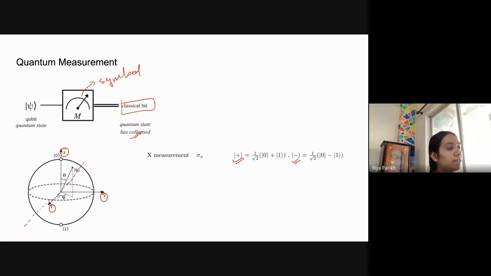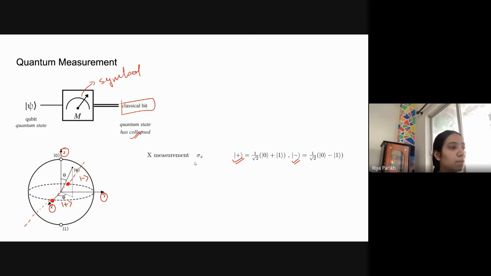So the points at which the Bloch sphere and the X-axis intersect, these 2 points are the plus and minus bases of the X measurement. So a qubit state can decompose into any of these measurement bases when we try to measure.